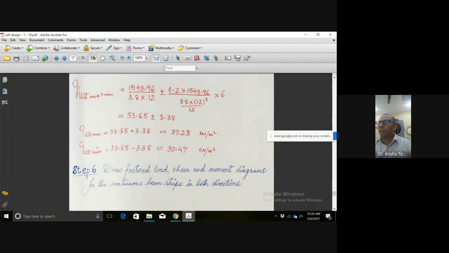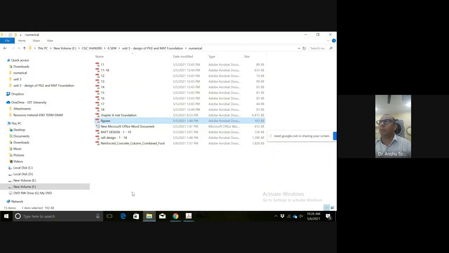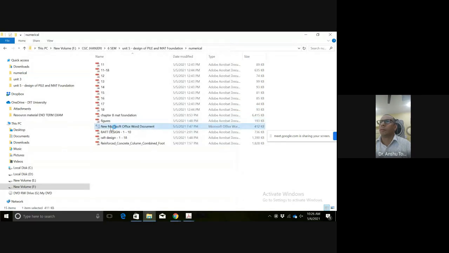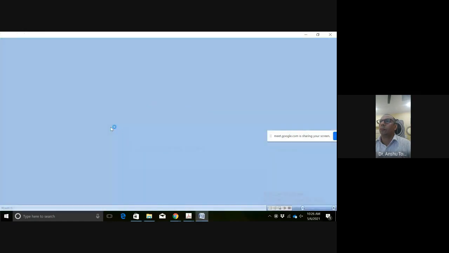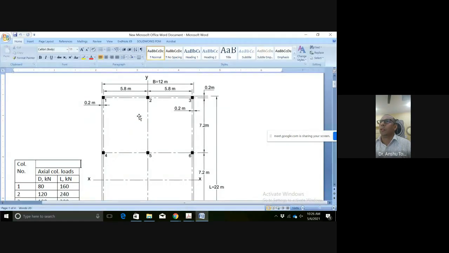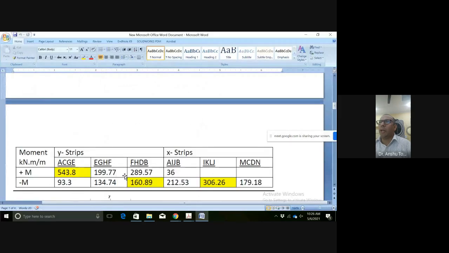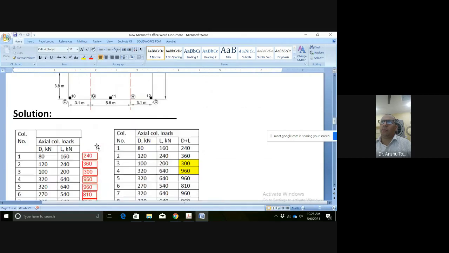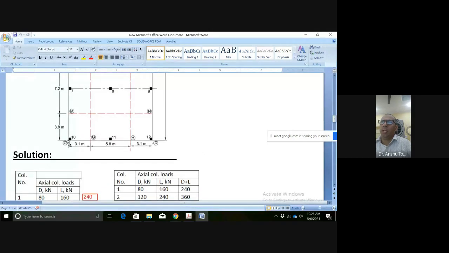So we can see if we go one by one. In the long direction, we are having the first strip as AE, that is ACGE.